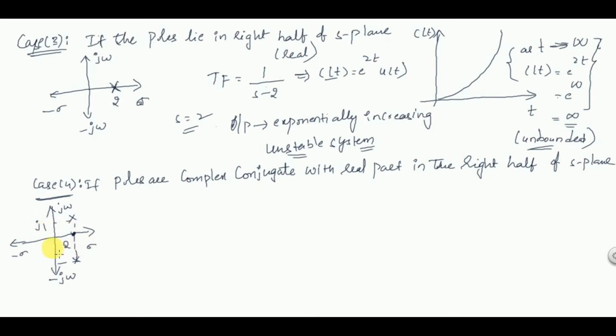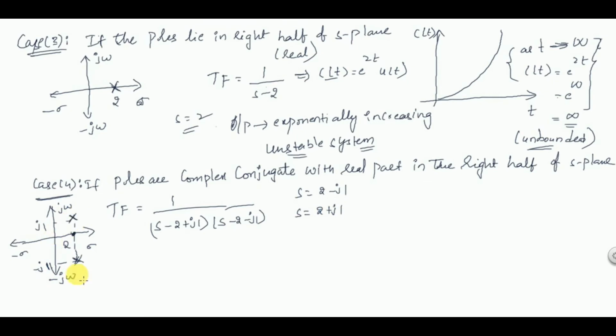So I will take 2, this is j1 and this is minus j1. Then the transfer function will be 1 by (s minus 2 plus j1)(s minus 2 minus j1), so the poles are s equal to 2 minus j1 and s equal to 2 plus j1.